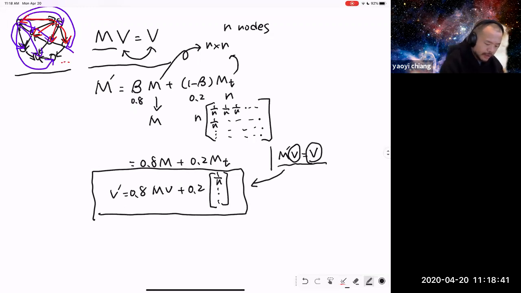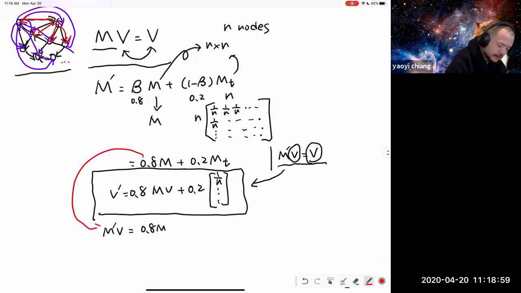So if we take your M prime, let's say your M prime V would be 0.8 M, right?